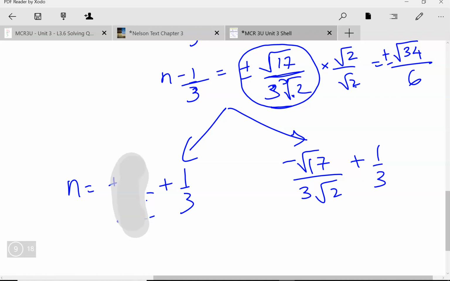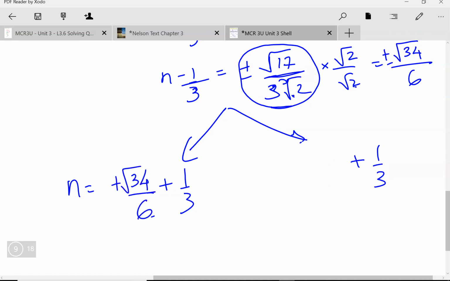Just because we prefer radicals in proper format, which means that there's no radical sign in the denominator. So positive square root 34 divided by 6 and negative root 34 divided by 6.